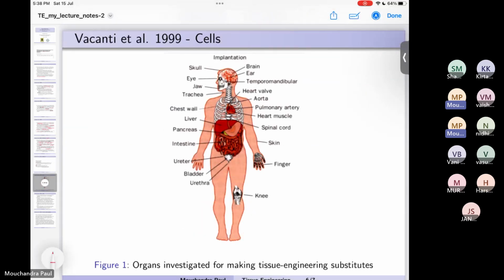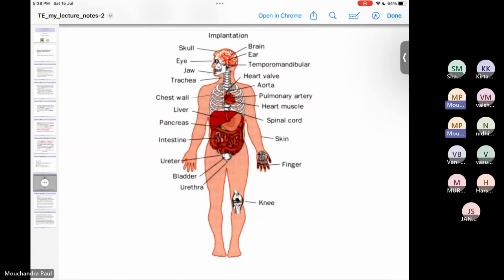So in this figure, you see the names of all kinds of organs in our body, and these names are basically highlighting for how many tissues people have attempted to make tissue engineered medical products, and have shown as a proof of concept that proper healing has taken place.